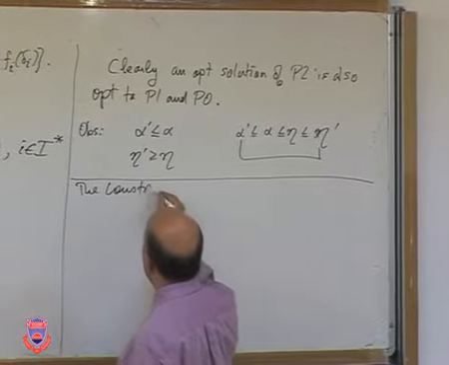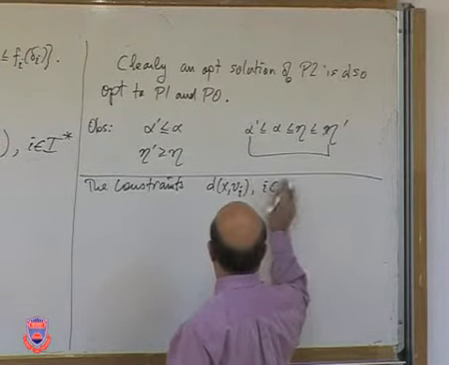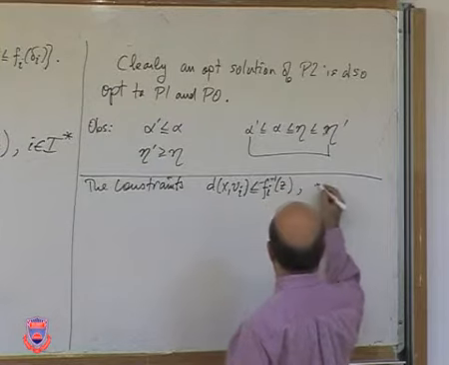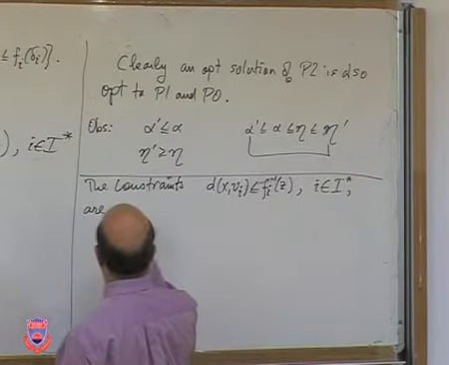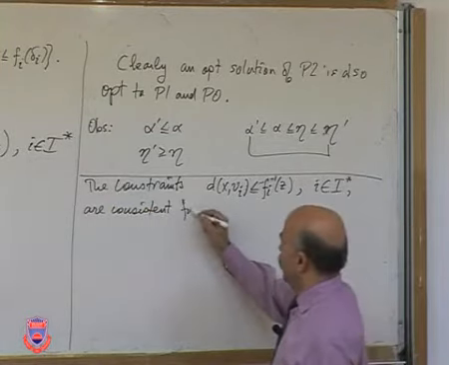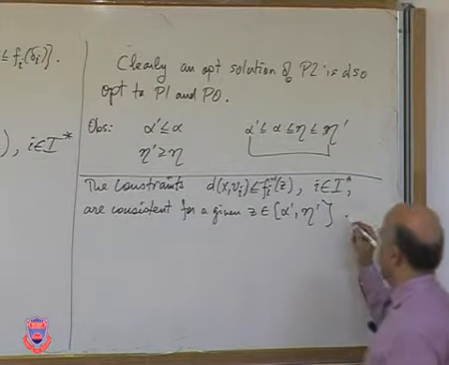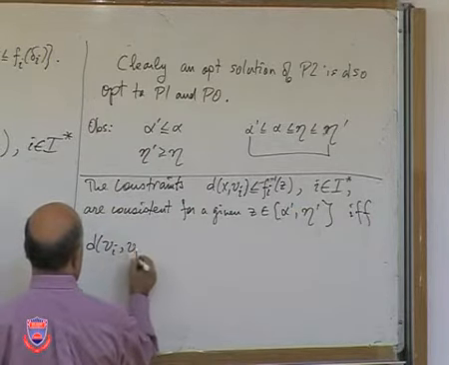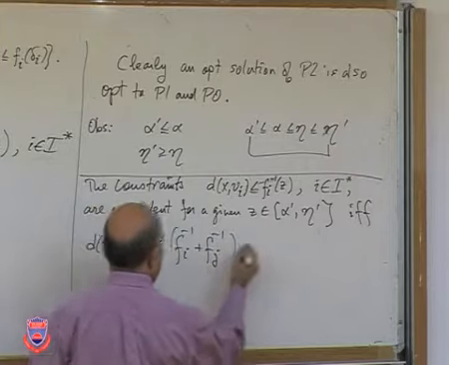So the constraints d(x, vi) less or equal Fi inverse of z, i in I star, are consistent, or admit a solution x for a given z in the interval alpha prime, eta prime, if and only if the distance between Vi and Vj is less or equal Fi inverse plus Fj inverse evaluated at z.